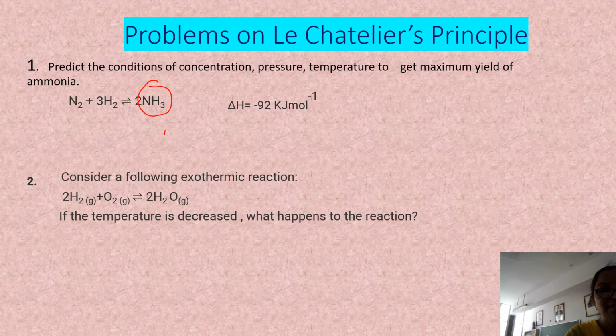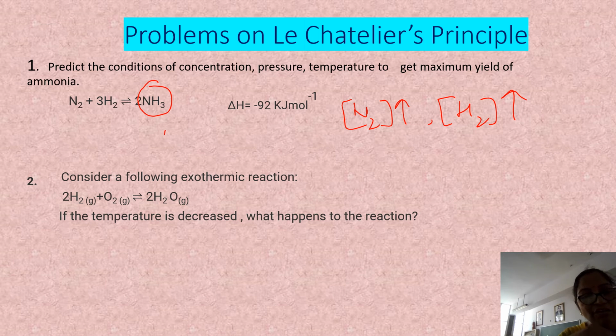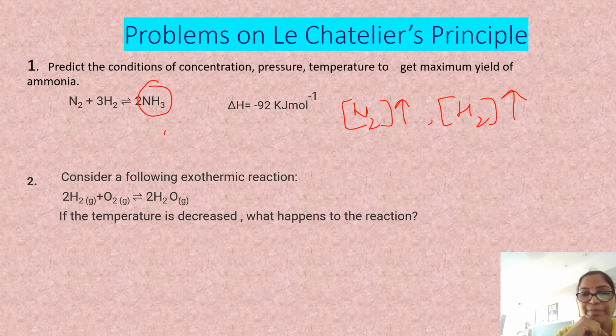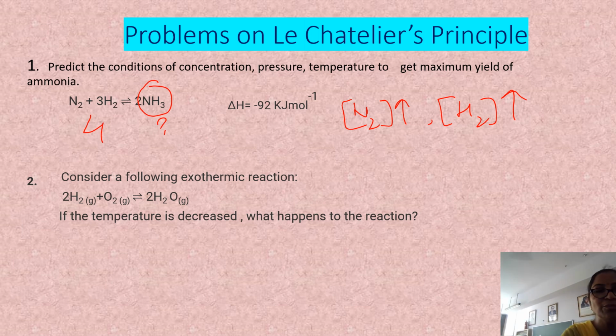So ammonia concentration can be increased if we increase the concentration of nitrogen and hydrogen, so that the reaction can move in the forward direction. Now the effect of pressure: here the total moles are 4 on one side and 2 on the other. We have to shift the reaction in the forward direction so as to get maximum yield of ammonia.